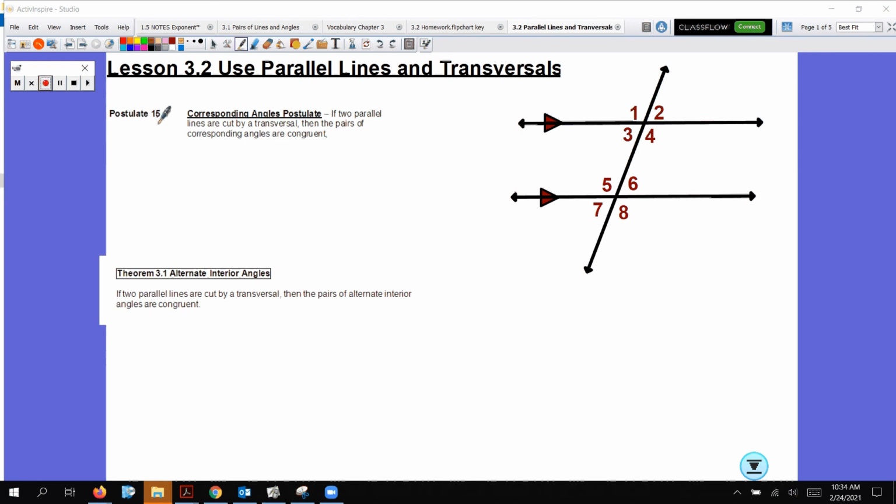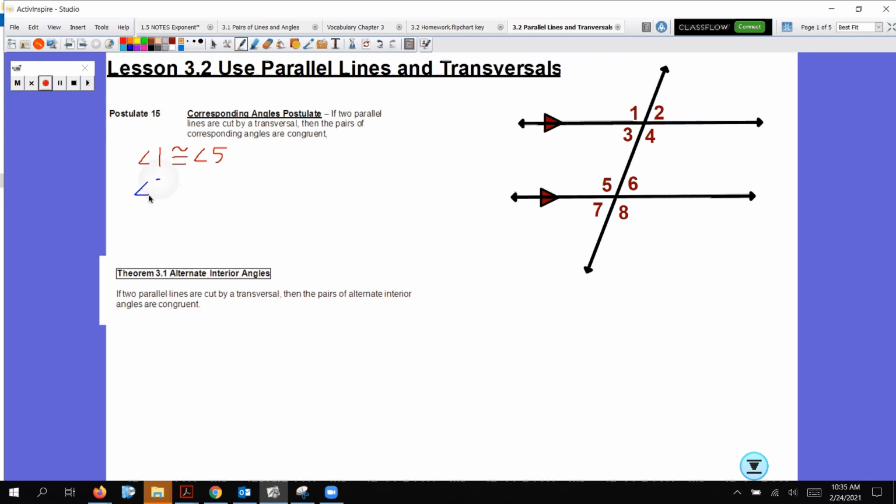So postulate 15 states that corresponding angles, if two parallel lines are cut by a transversal, then the pairs of corresponding angles are congruent. We talked about corresponding angles yesterday. I will identify the set of corresponding angles. I have angle 1 is congruent to angle 5. They are corresponding.